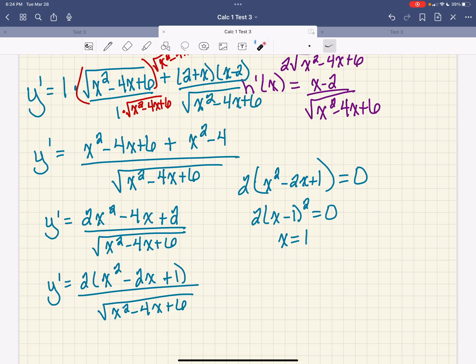Now, when I set the denominator equal to 0, I've got to solve what is inside my square root. And when you look at it, you're not going to find two numbers whose product is 6 and sum is negative 4. So you have to think about, well, I'm going to have to complete the square, or I'm going to have to use the quadratic formula.